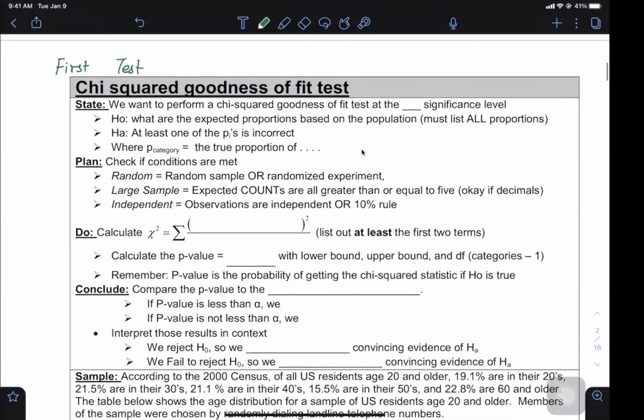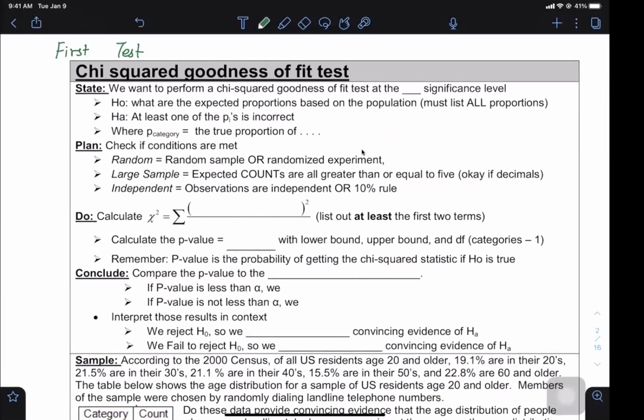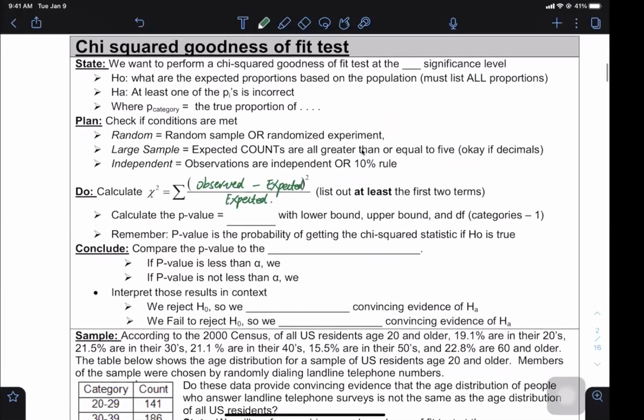So again, the chi-square statistic is the summation of observed minus expected over expected. And then calculate a p-value with the lower bound and upper bound, where the degree of freedom is the number of categories minus 1. That is the degree of freedom.